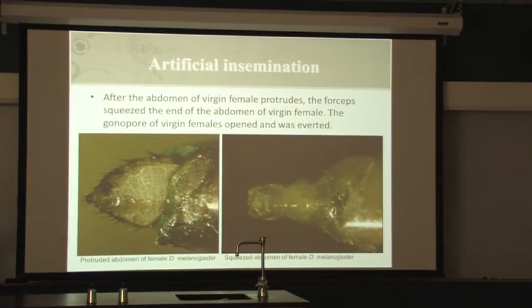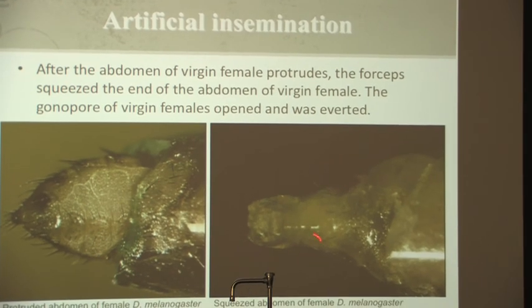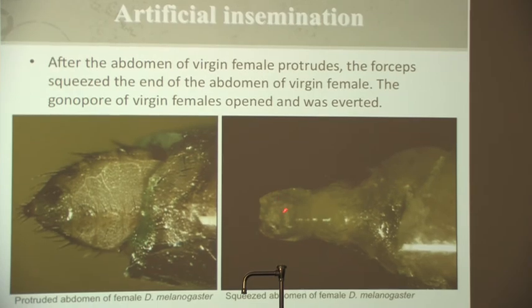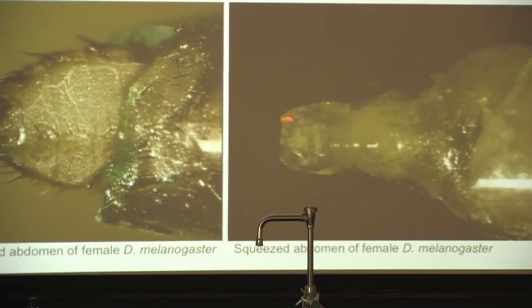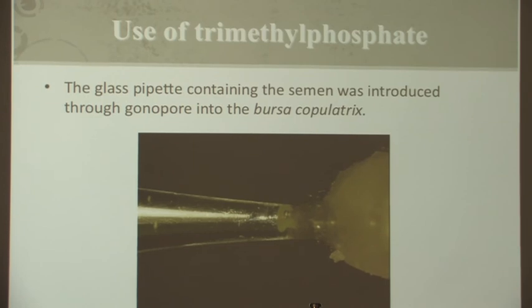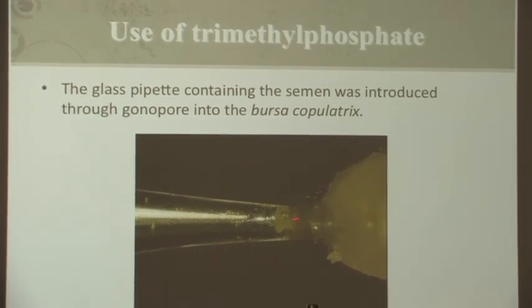After the abdomen protrudes from the female, we squeeze the end of the abdomen, and the gonopore of the virgin female will open and be inverted. See the difference before squeeze and after. After the gonopore is open, the glass pipette containing the semen and the seminal vesicle will be introduced through the gonopore into the bursa copulatrix.